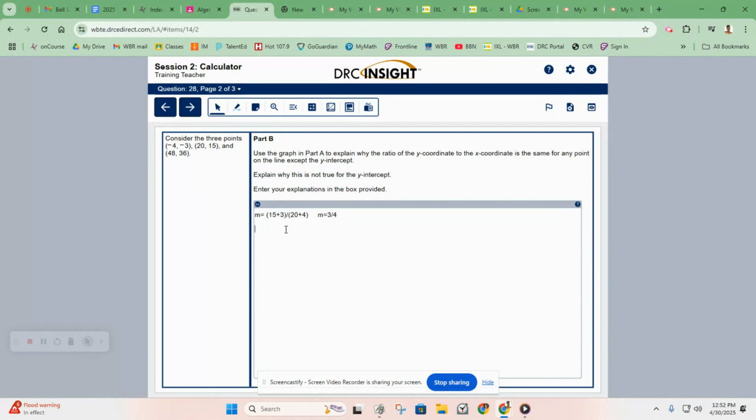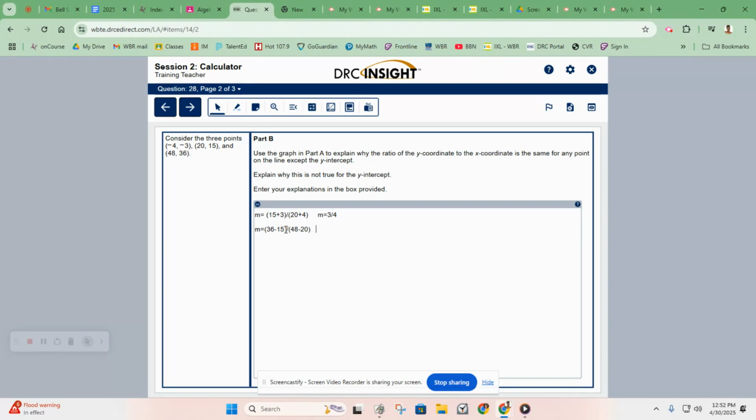I can show that that will also work for that second set of points by doing the slope formula again. So the slope is equal to 36 minus 15 over, open a parenthesis, the x value is 48 minus 20.